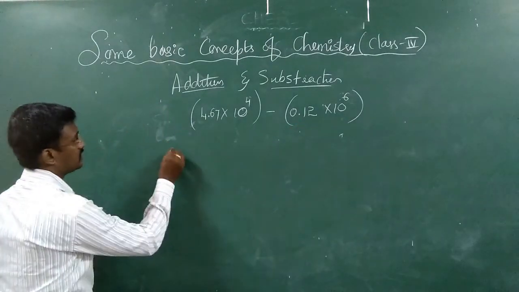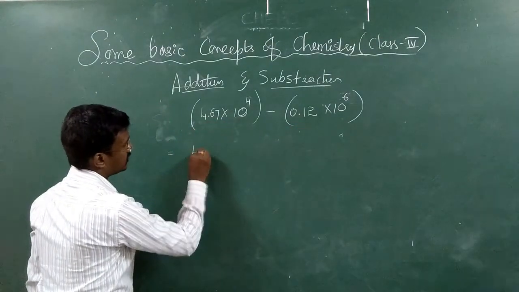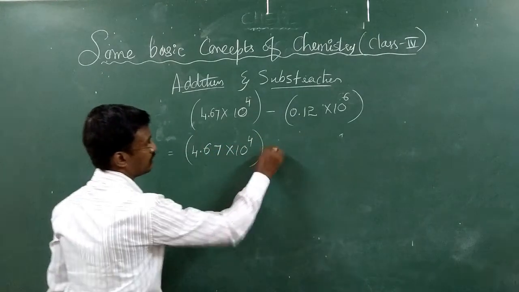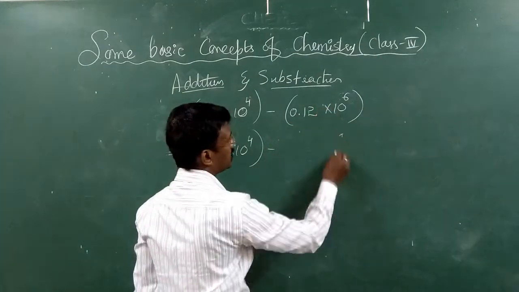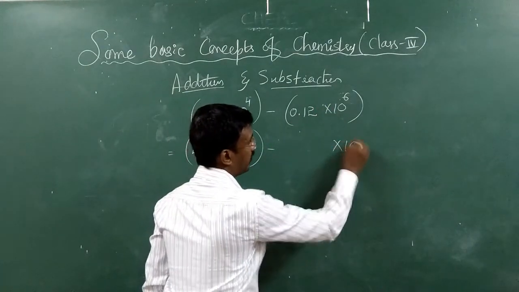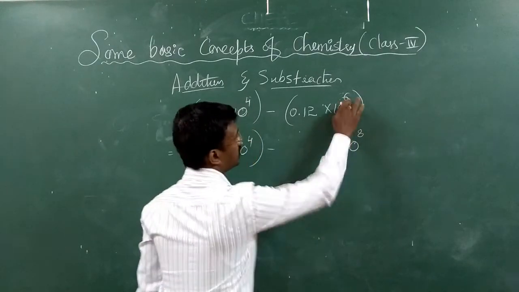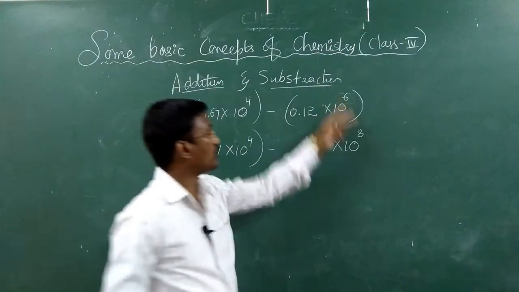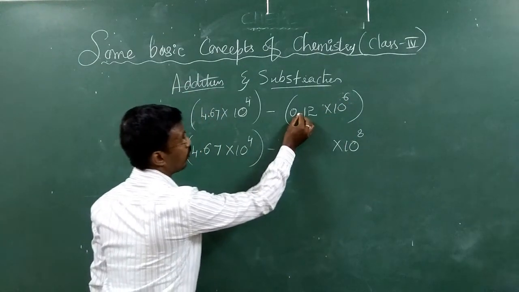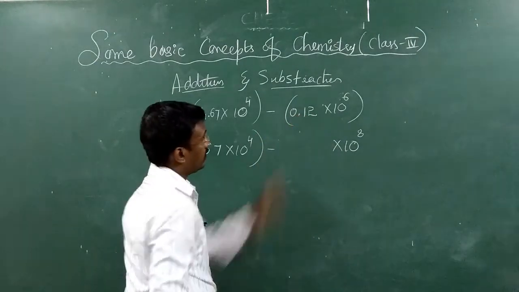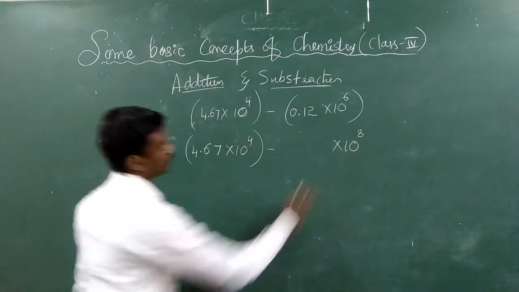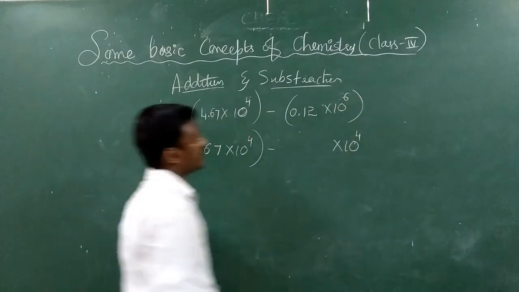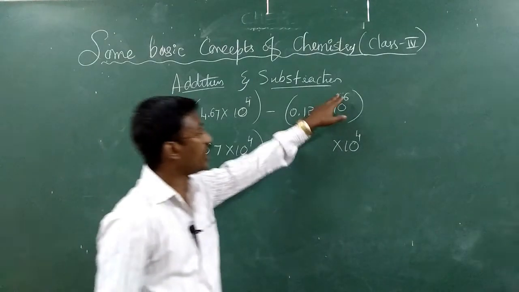So we will see here. 4.67 I will keep as it is, 10 raised to 4, minus, and I would like to change this number. To convert 10 raised to 6 to 10 raised to 4, we have decreased the power.